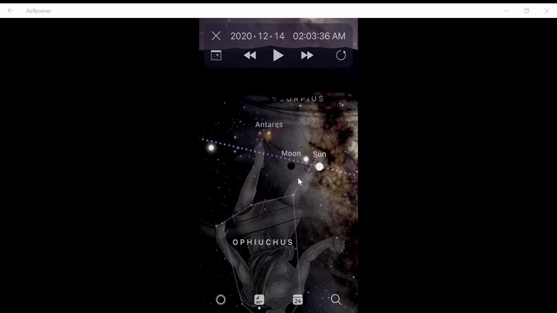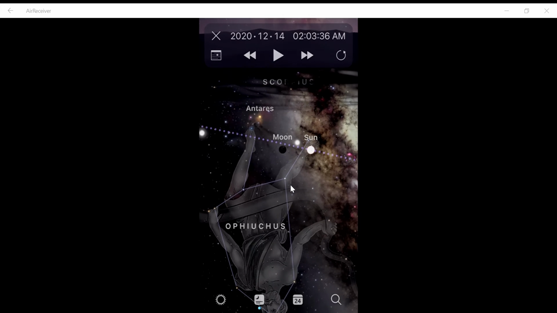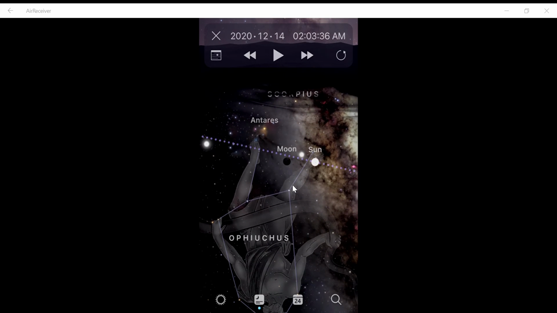One more thing, as I mentioned in the previous simulation: the eclipses which are caused by Rahu, the ascending node of the moon, are only visible in the northern hemisphere, and the eclipses which happen at the descending node of the moon, or Ketu, are visible in the southern hemisphere.